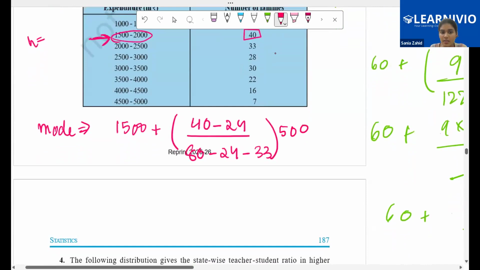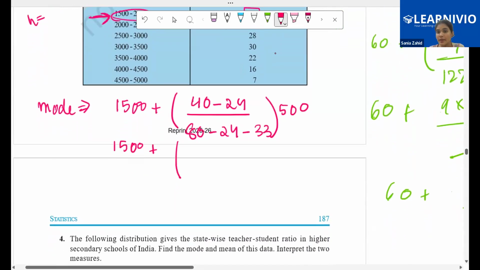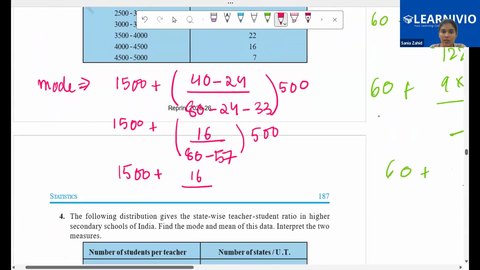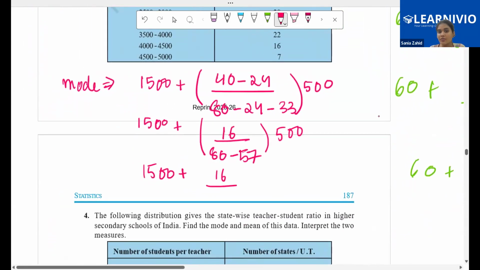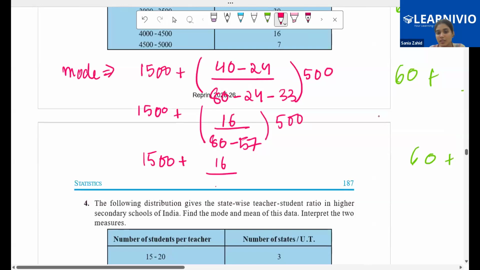Okay, so your answer is 1,500 plus what is 40 minus 24? 40 minus 24 is 16. 16 by 80 minus 57, into 500. So 1,500 plus 16 by what is 80 minus 57? 80 minus 50 gives you 30 and minus 7 gives you 23, into 500. Then you can solve this further to get your answer.